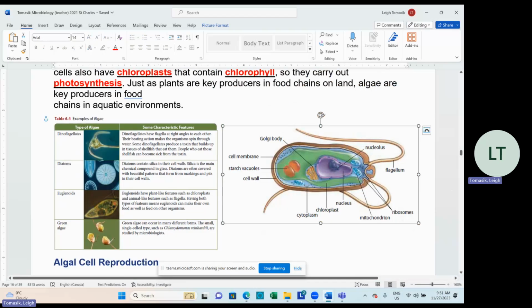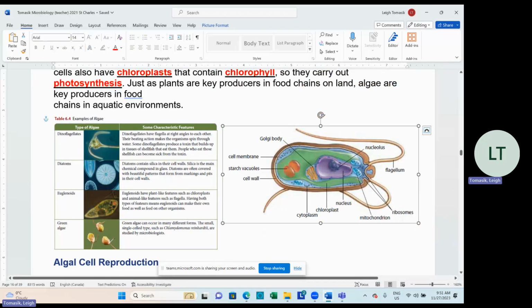So we have a nucleus, right? That's how we can tell it's a eukaryotic cell. We have that big dark dot in the middle of the cell. And you'll notice that the nucleus is surrounded by a lot of green. Okay, that big green thing is a chloroplast or a region of chloroplasts.